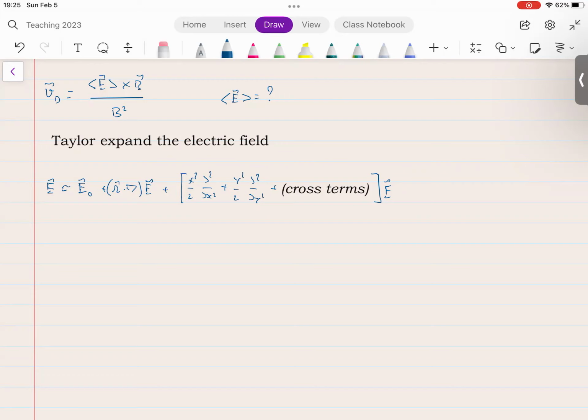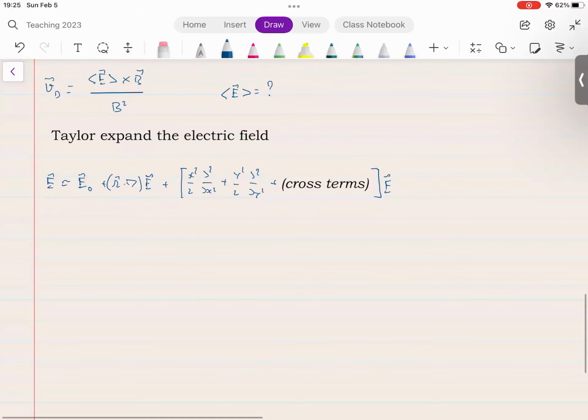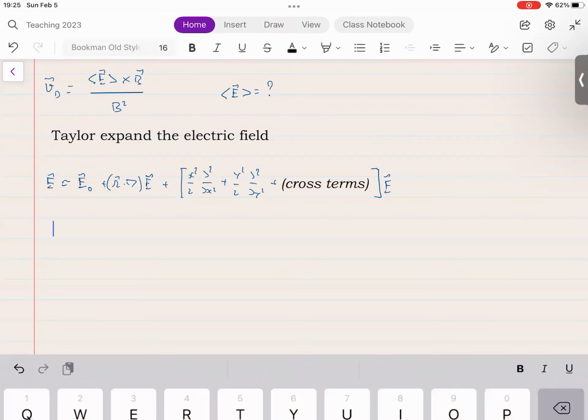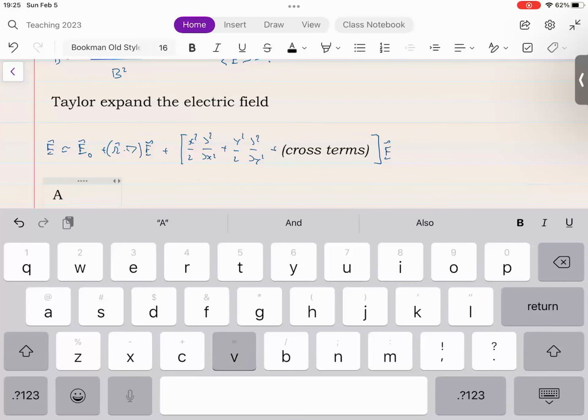Now I take this expression, I take my average, I need the average of E. Here is another word that plasma physicists love.